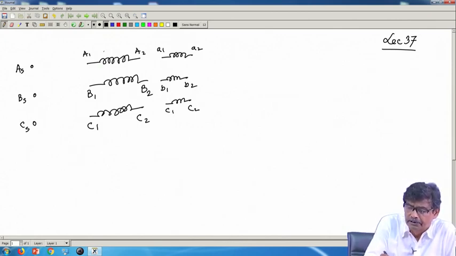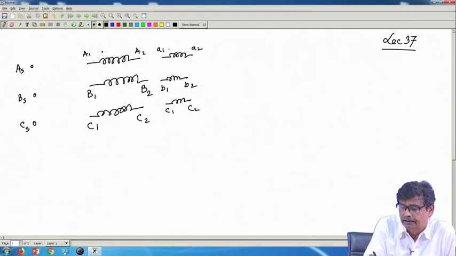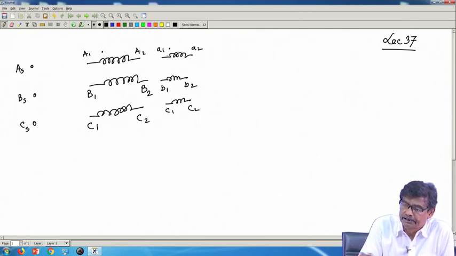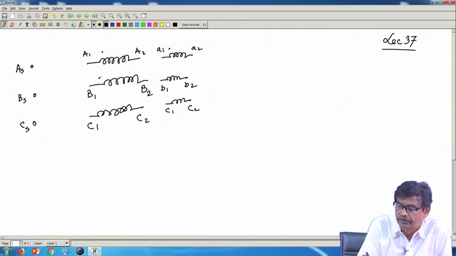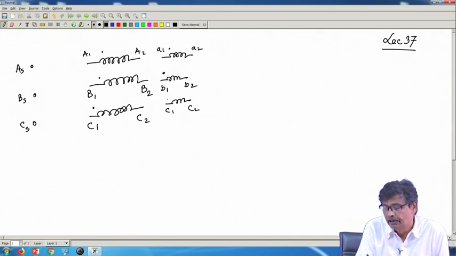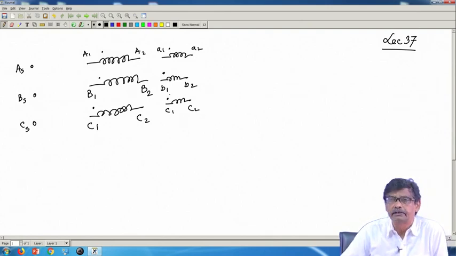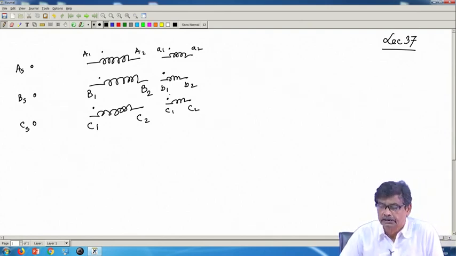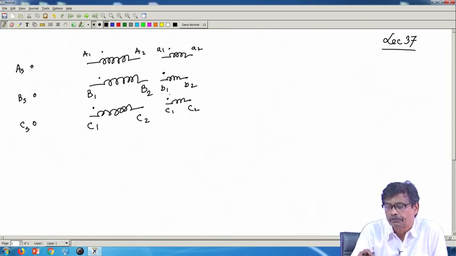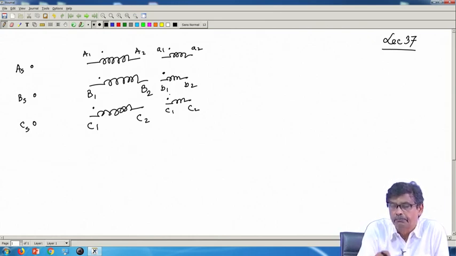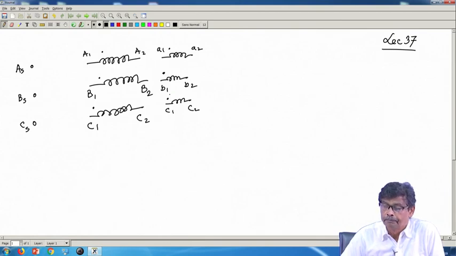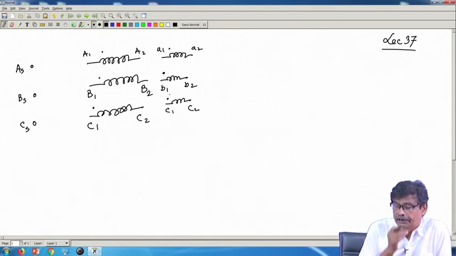And also remember, these one terminals are dots, like polarities at any given instant of time. Similarly, for transformer B and transformer C. And how do I get this? I will test for polarity of the individual transformers, put the dots and mark the terminals accordingly. Anyway, this is how the thing is.